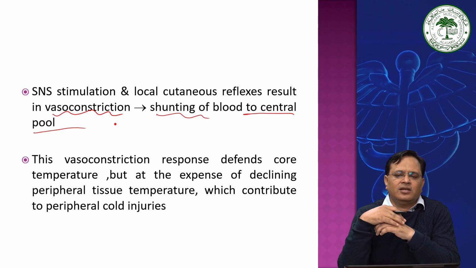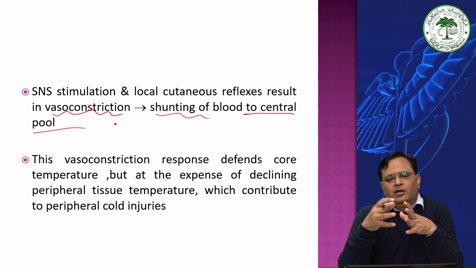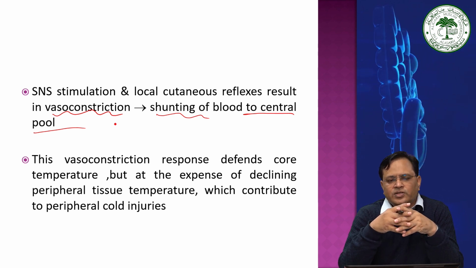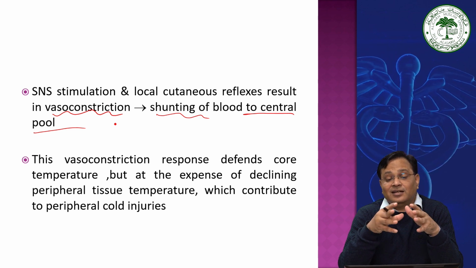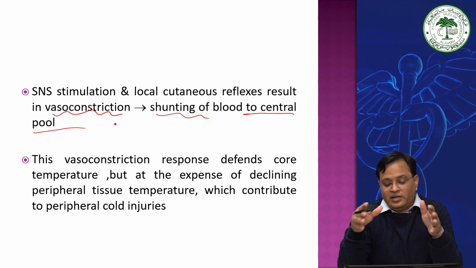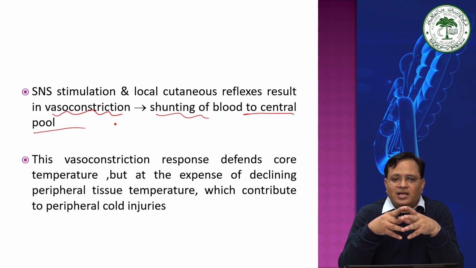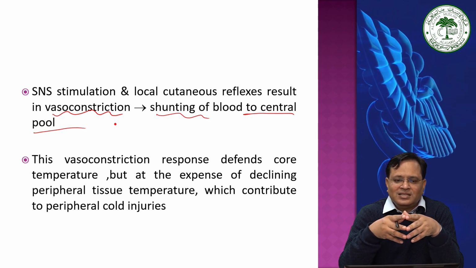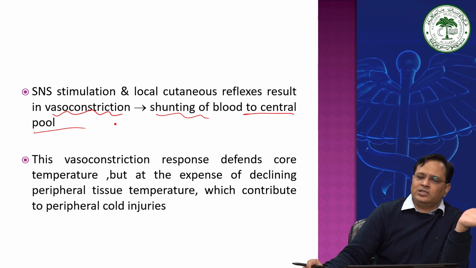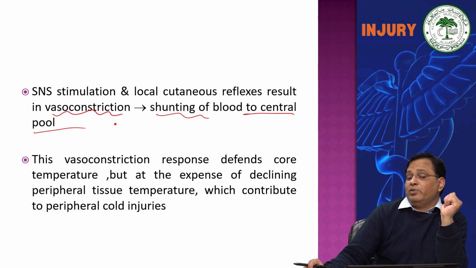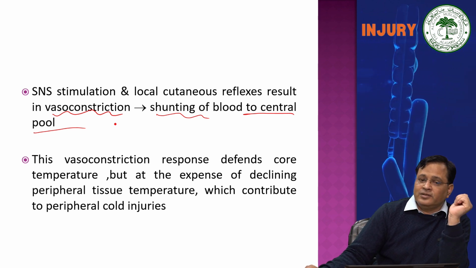This vasoconstriction leads to declining peripheral tissue temperature, which contributes to cold extremities. This is the condition which we will be discussing in the coming slide: shifting blood away from these cold extremities can lead to injuries in peripheral regions.